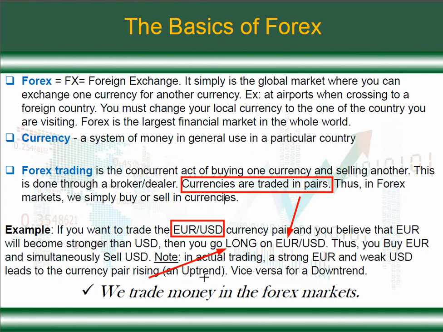Now, you would be hearing things like uptrends and downtrends. An uptrend happens when a currency pair like Euro USD, the exchange rate, is moving up and up, increasing in value. And a downtrend occurs when the value is depreciating. The price is moving down. That is considered a downtrend, of course.